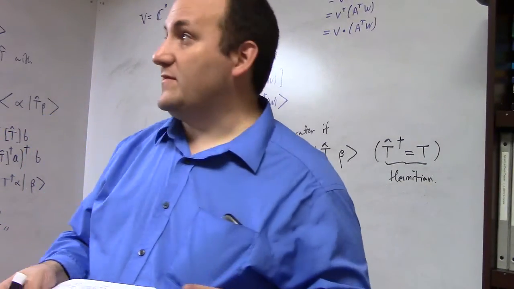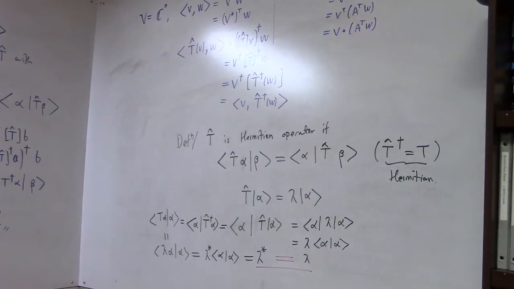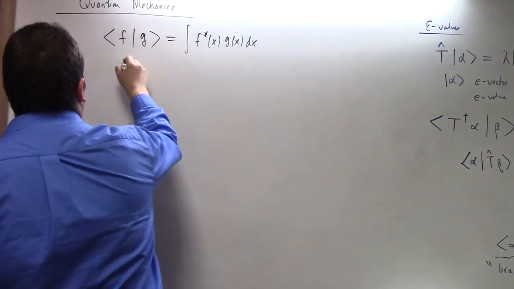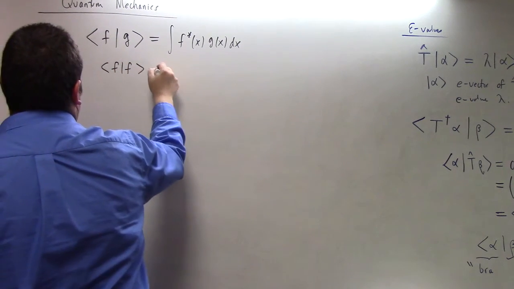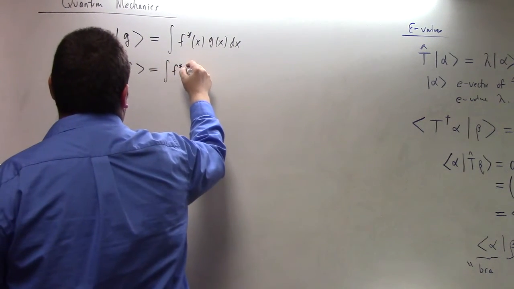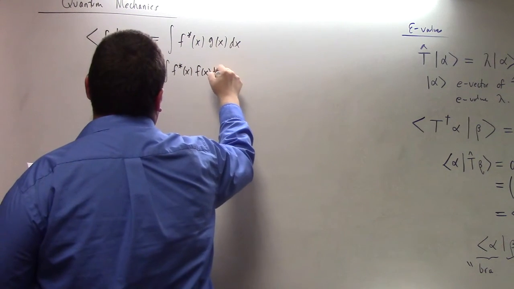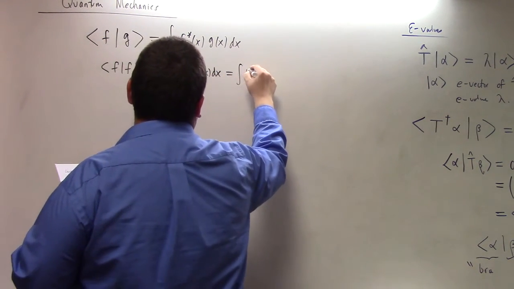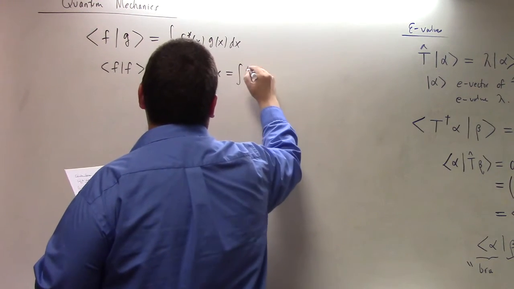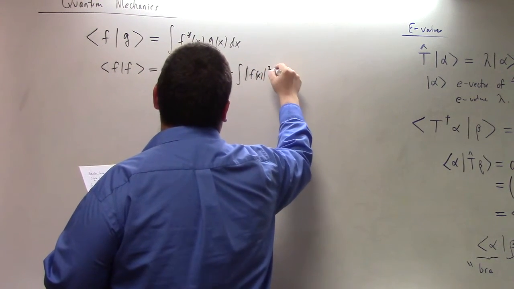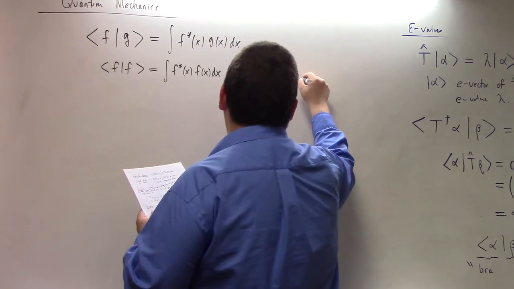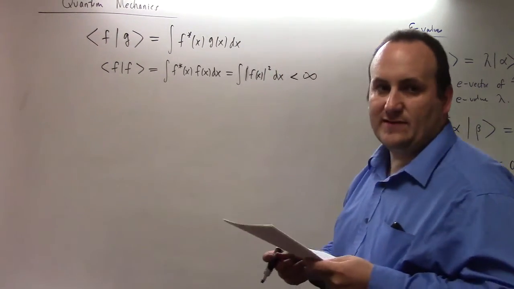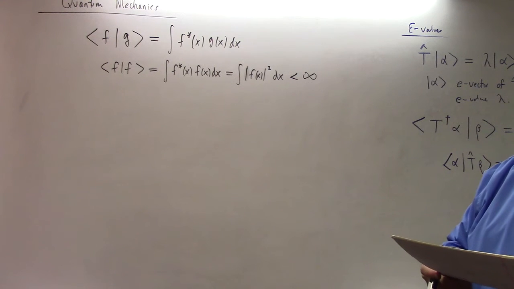There's a natural pairing between vectors and dual vectors through the inner product. And so we consider functions that need to be square integrable, so the integral of the modulus of the function squared has to be less than infinity, otherwise we can't normalize that state.